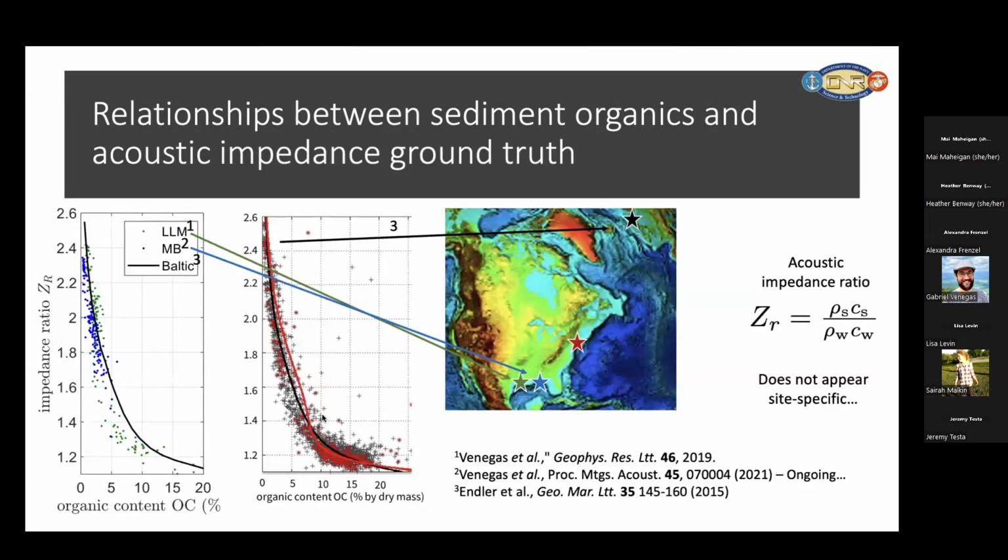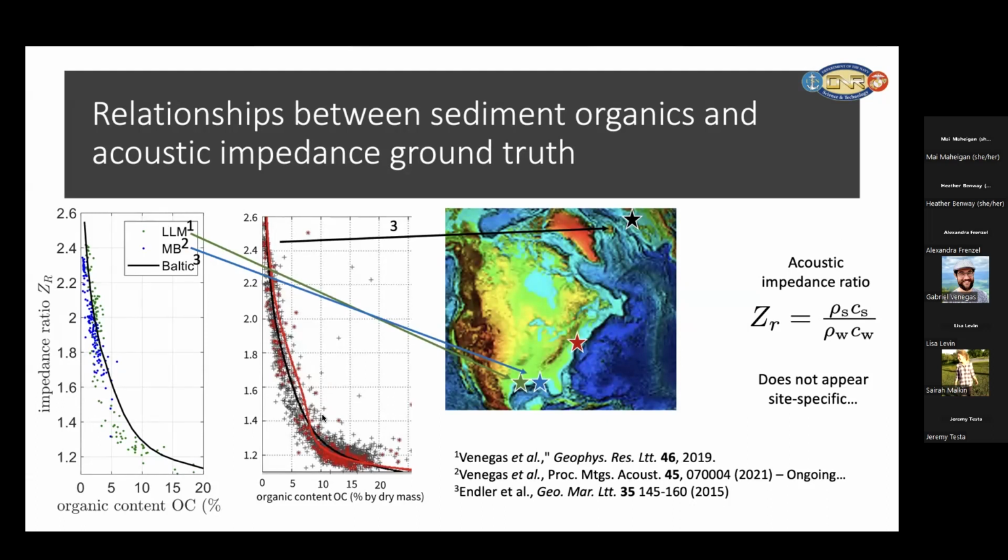So here's the correlation that I found. This is not my work. This is really the only work that I found so far where, when they go out and measure sediment properties, they have both acoustics and organics. In this case, it's organic content, or loss on ignition.